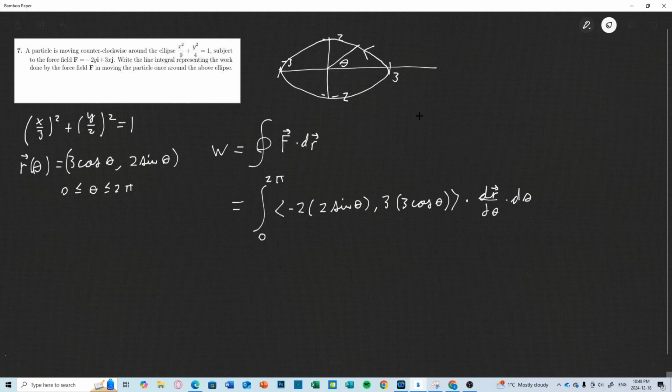So we need to find what our dr over d theta is, which in this case will just become negative 3 sine theta and then 2 cos theta.